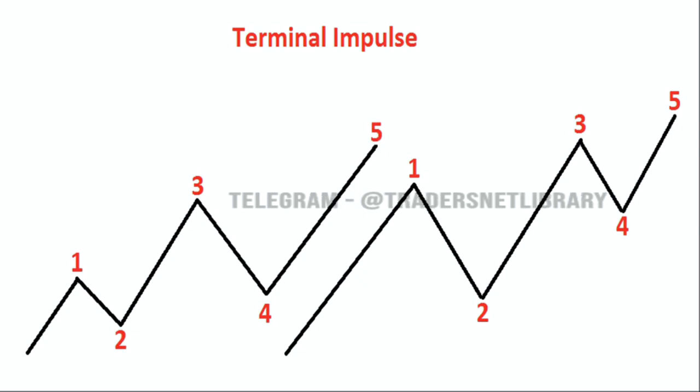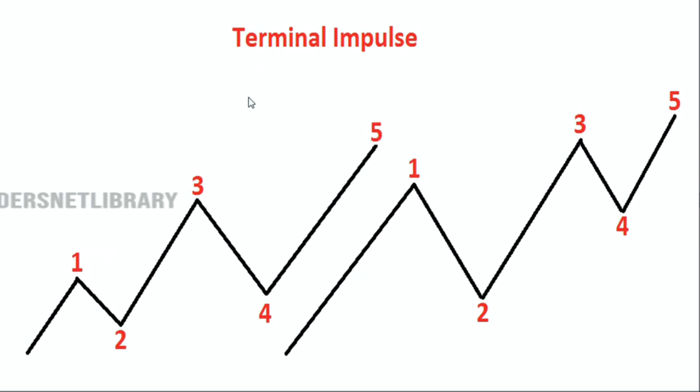Another important rule in the terminal impulse wave pattern is that wave 5 must correct at least 38.2% of wave 4. The terminal impulse pattern is usually created after a long process.